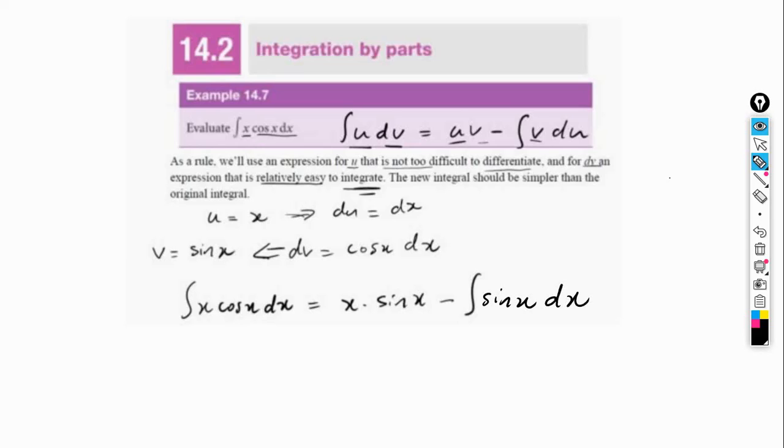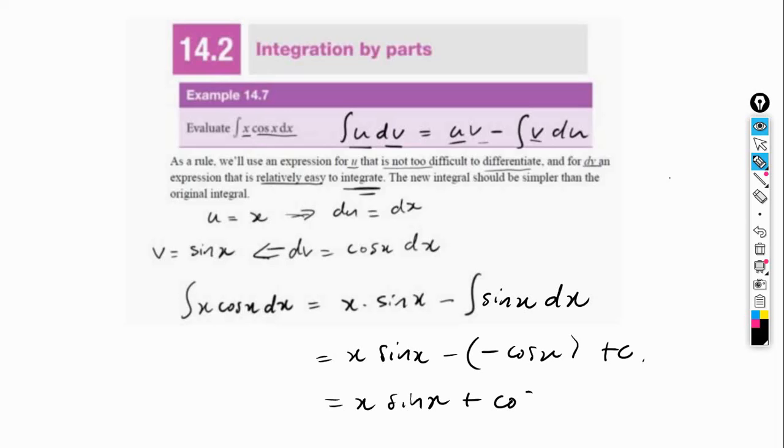And then this simply becomes x times sine of x minus, and the integral of sine of x would be negative cosine of x, plus c. So this ends up being x sine of x plus cosine of x plus the constant c. Don't forget the constant c.